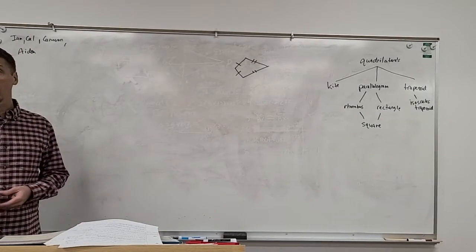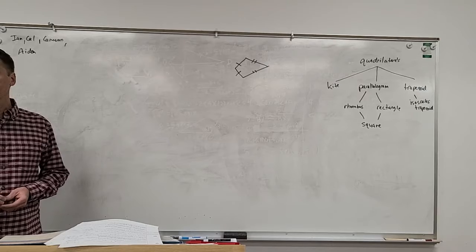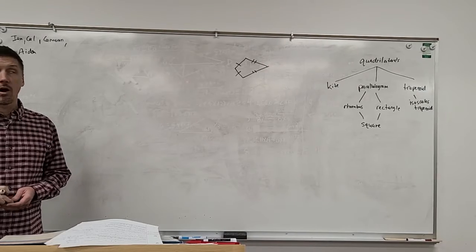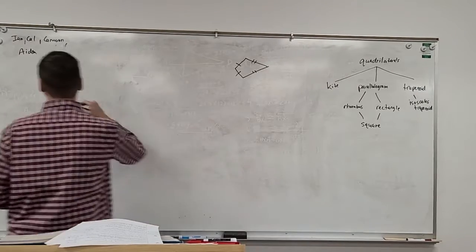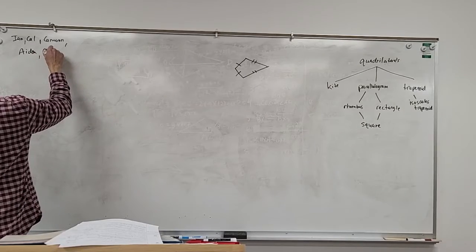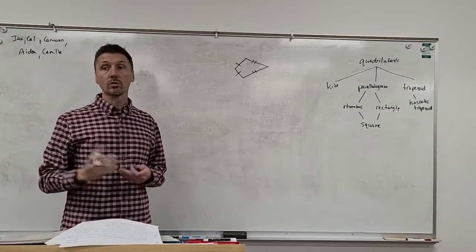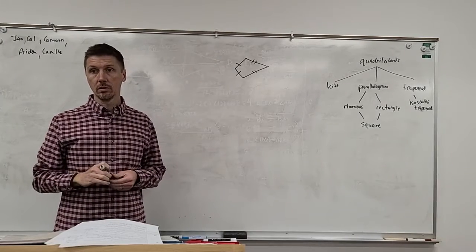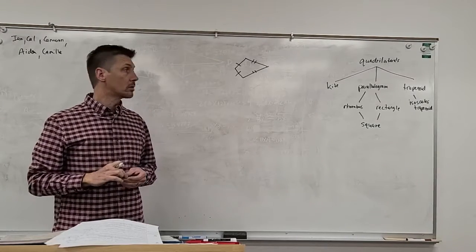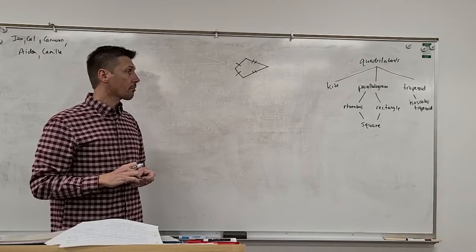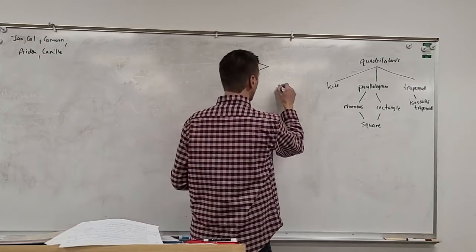What if I said draw a rhombus? All the angles are equal. So wait, no, never mind. It's all the sides are equal. Sorry. That's okay. Which one would be all the angles are equal? That would be a rectangle. A rectangle, right? So in the case of a rectangle it looks like this.